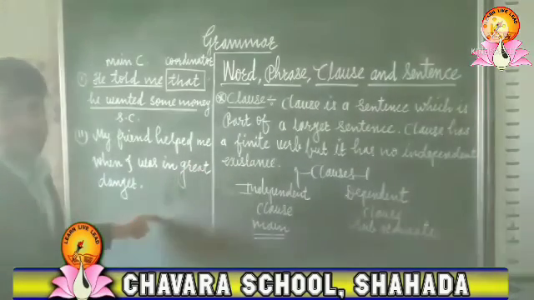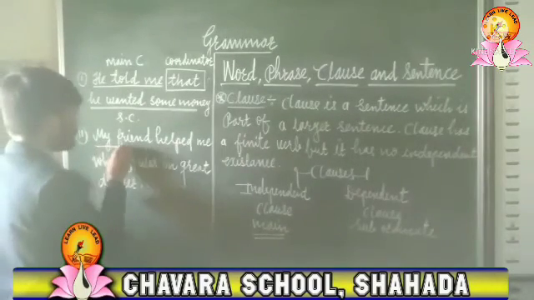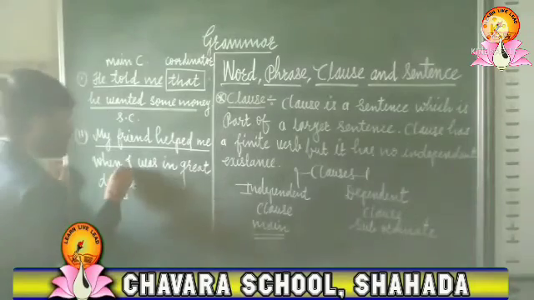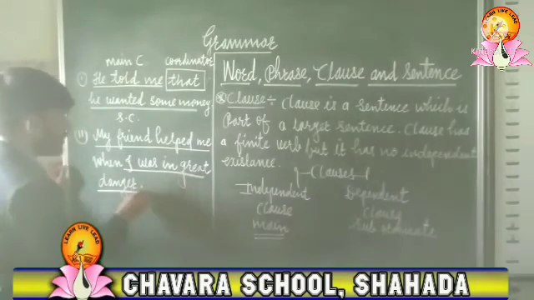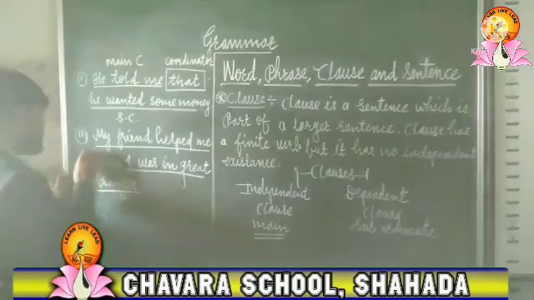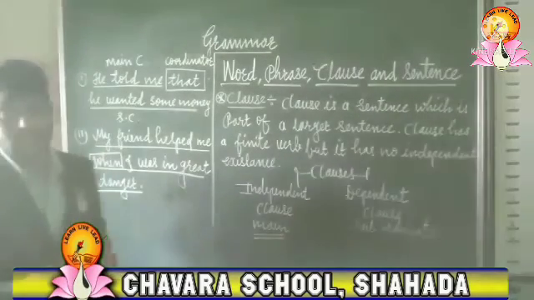Suppose this is an example. Here, my friend helped me is the main clause, that is the independent clause. I was in great danger is the subordinate clause or dependent clause. And when is a conjunction, a coordinator joining the two sentences together.